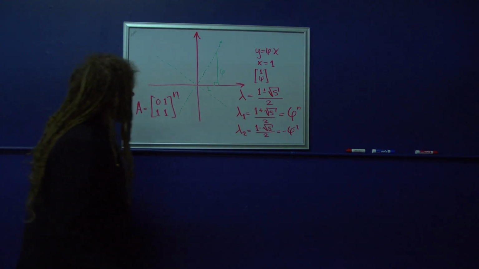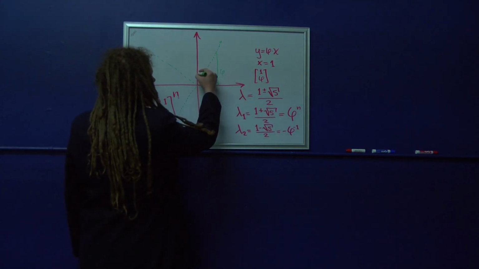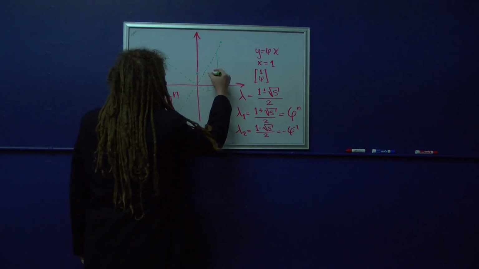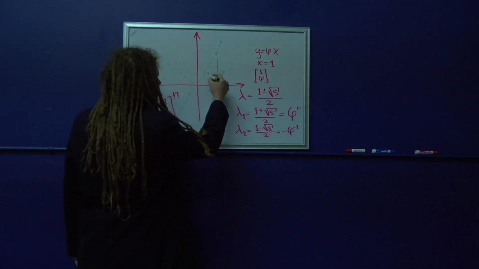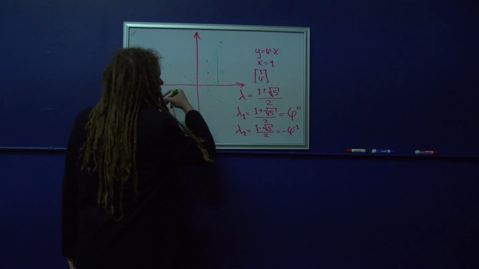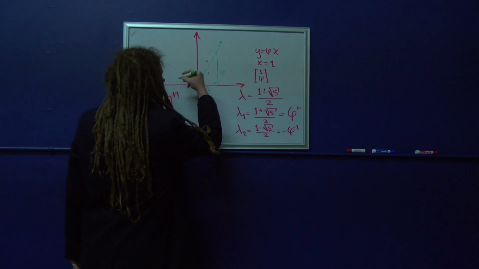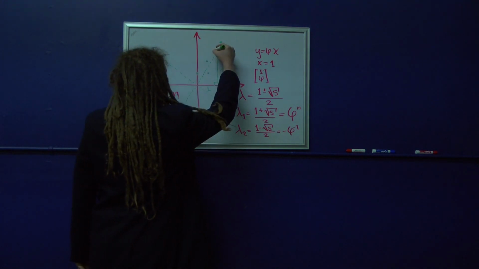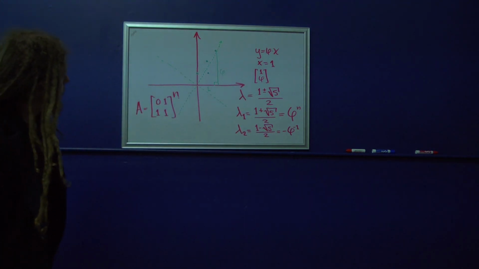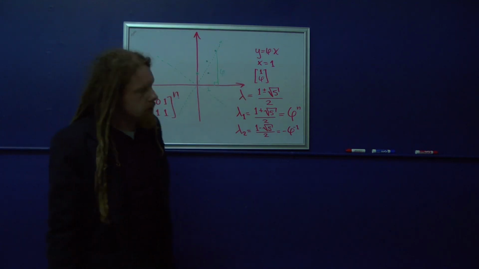So, we start out 0, 1, and then we go to 1, 1, and then 1, 2, okay, up here, and 2, 3. Again, just very slightly above the line here. And you can see they're already approaching that line.